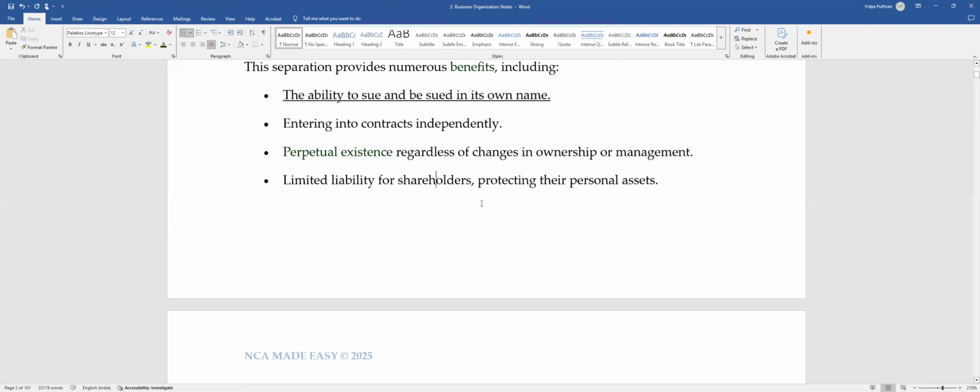Limited liability for shareholders, this is again very important. Shareholders get limited liability, which protects their personal assets. So this is another reason. These are the two main reasons why they choose the corporation over other structures.